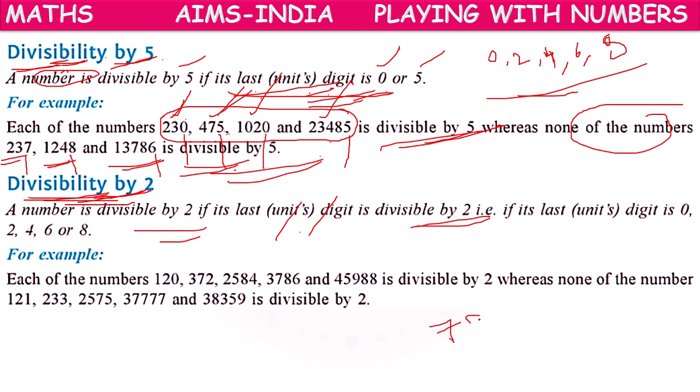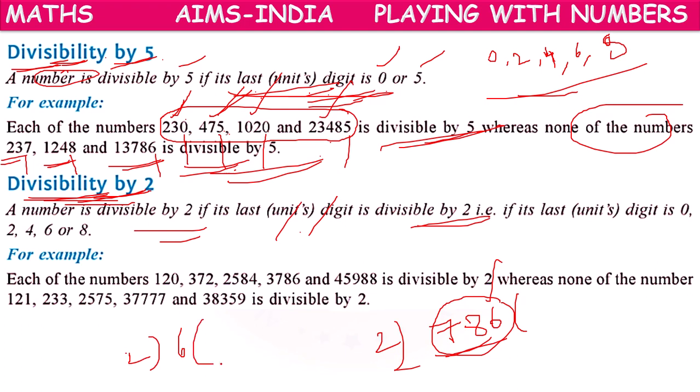Suppose 786 is there. We want to check whether it is divisible by 2 or not. No need to check the total number. In the units place we have 6, so we can just check that digit. 2 threes are 6, so the digit in the units place is divided completely, and the number will also be divided by 2 completely.